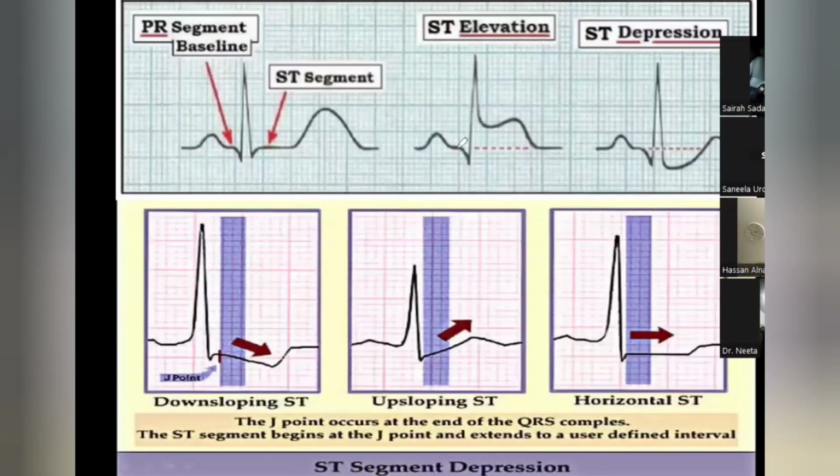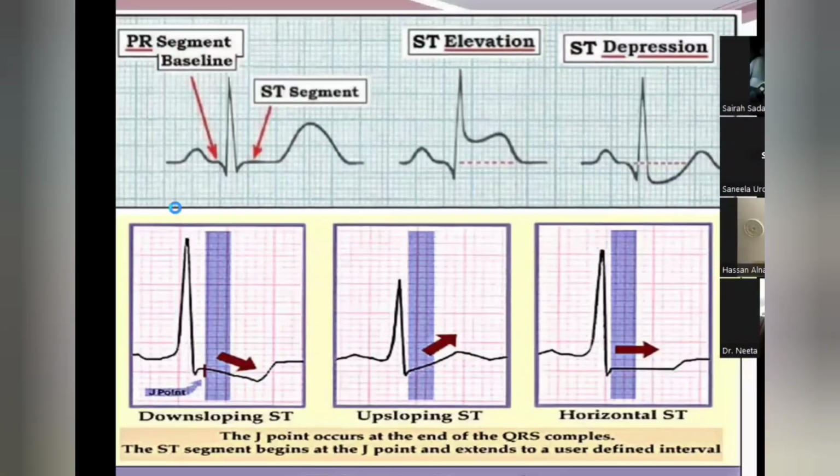As you can see, this PR interval is actually the baseline. So this is elevated. This is depressed. These are the different forms of ST downsloping and upsloping. These are also not normal. This is upslope. This is a depressed ST segment. So these are the different shapes and morphologies.